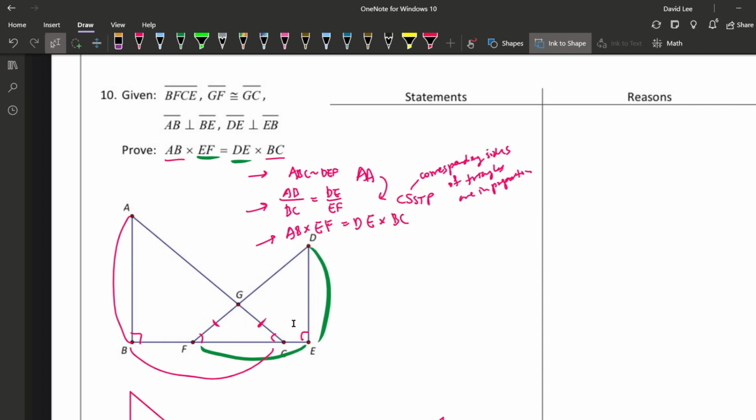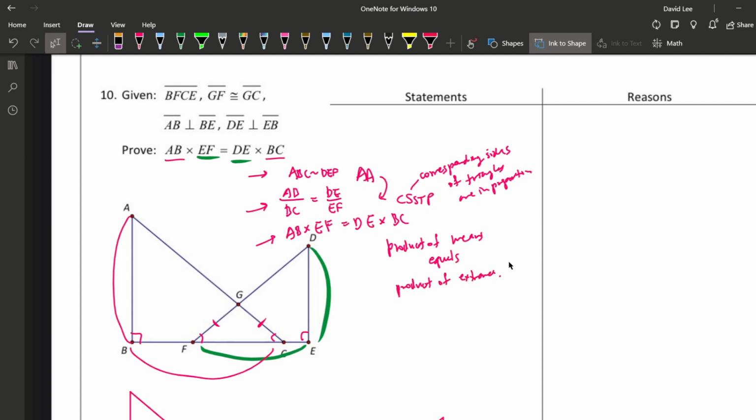If you can show two angles inside of these triangles, automatically you have ABC is similar to DEF, and then you work backwards and pick what divided by what equals what divided by what using CSSTP. And the final step, you write out what they ask you to prove, and the reason for this is product of the means equals product of extremes.